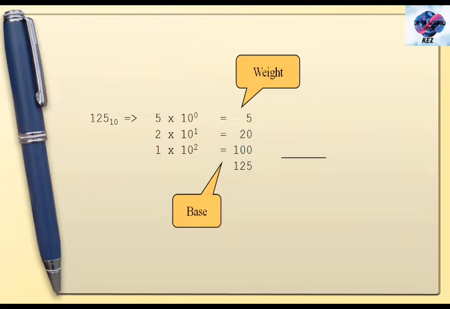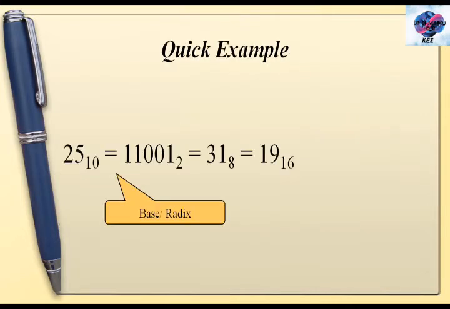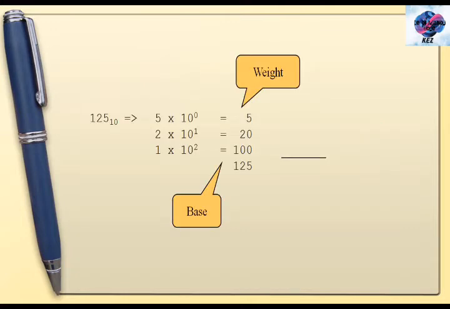If another value was there, suppose 4 or 5 in the thousands position, it would be multiplied by 10 to the power 3. That will be the weightage, and then it is converted to this number. So this is our decimal to decimal conversion.